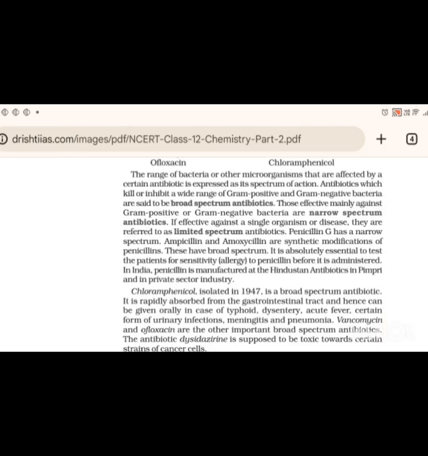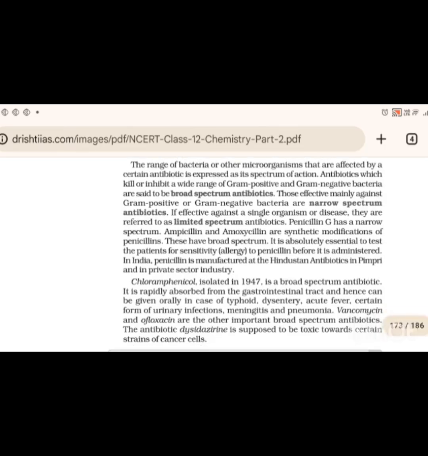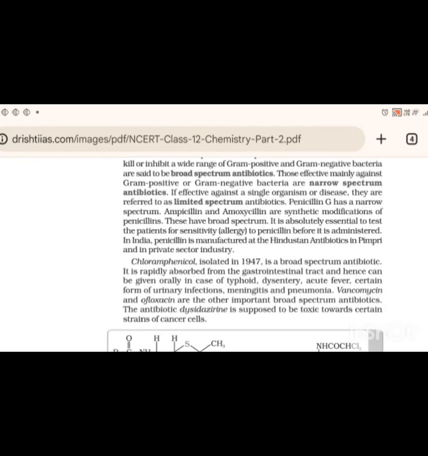Ampicillin and amoxicillin are synthetic modifications of penicillins. These have broad spectrum. It is absolutely essential to test patients for sensitivity allergy to penicillin before it is administered. In India, penicillin is manufactured at Hindustan Antibiotics in Pimpri and in private sector industry.